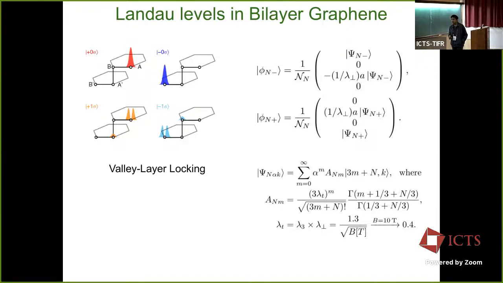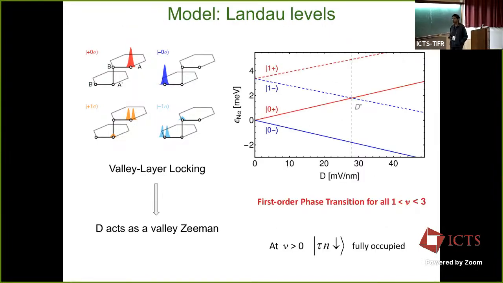This valley layer locking means that the displacement field D, which acts as a potential on the two layers, is really a valley Zeeman in the Landau basis. And one can use this to check how the Landau spectrum evolves as a function of this displacement field. And you see something interesting.